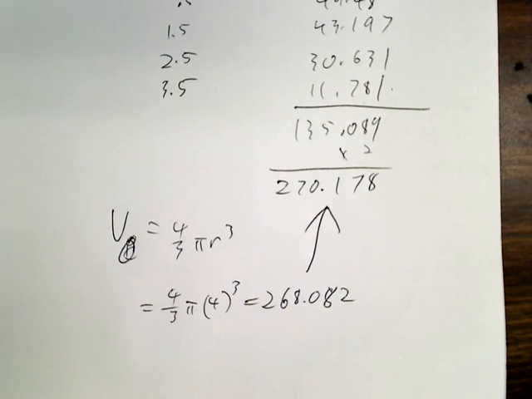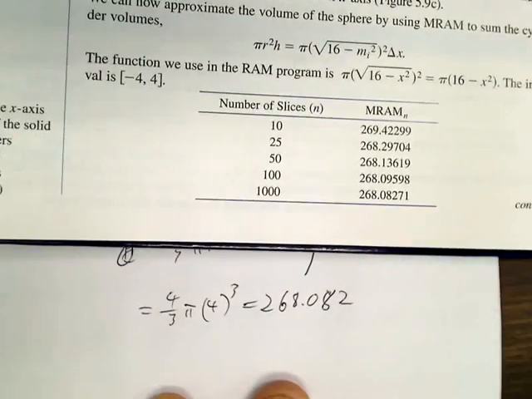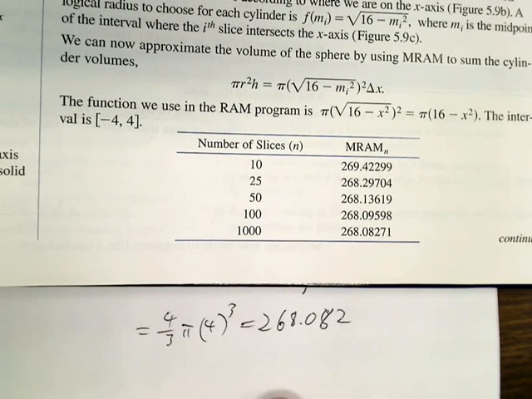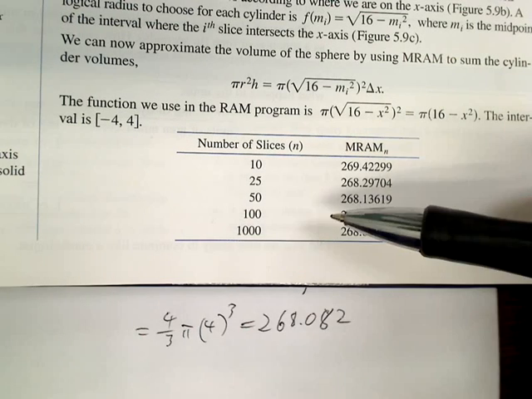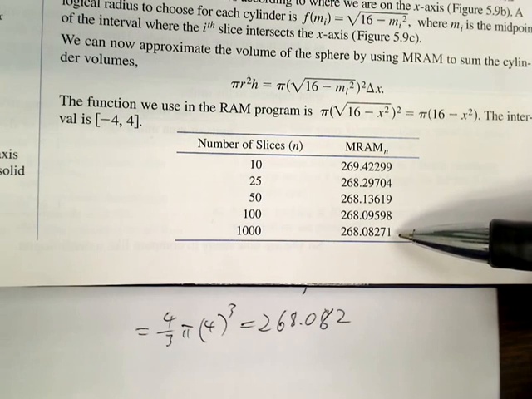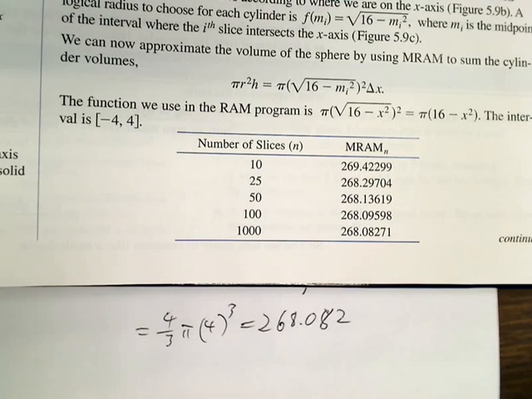Well, actually, in the book, they go through it where they use 1,000 slices. And I guess we can look at that while we're here. Okay, that's the actual volume. And you can see, well, I guess I didn't write down enough digits here. Okay, I wrote down this many. But if you use 1,000 slices, you get something really accurate, 0.271, 0.25.